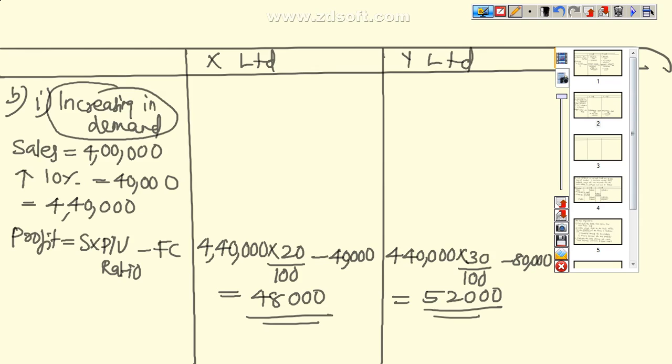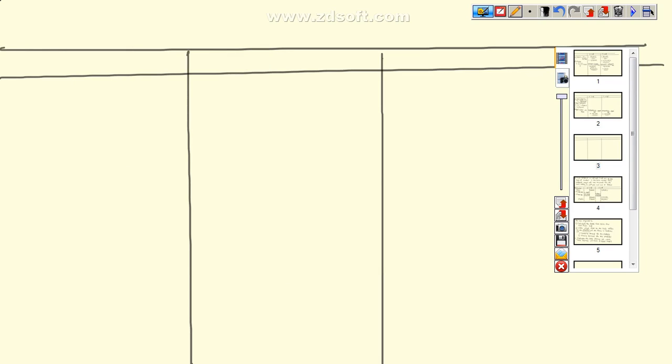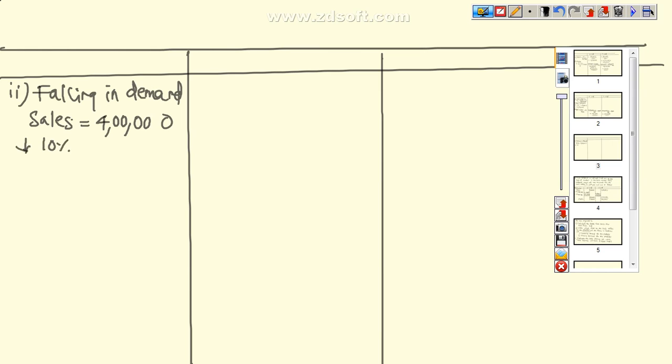The same we have to calculate for decrease in demand. So we write here falling in demand. The given sale is equal to 4 lakh. Now we assume a decrease of 10%, that is equal to 40,000.